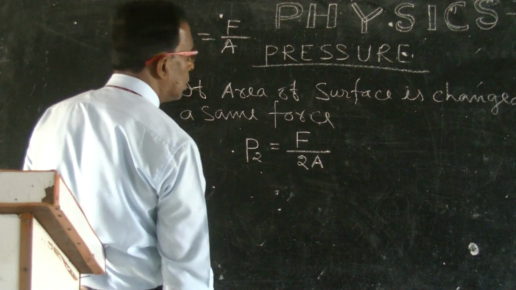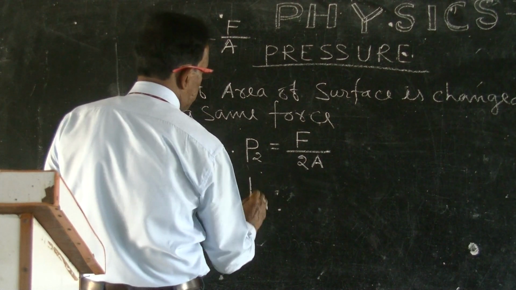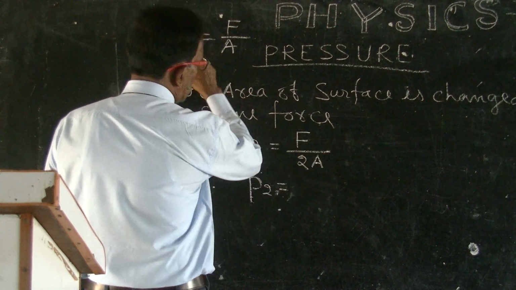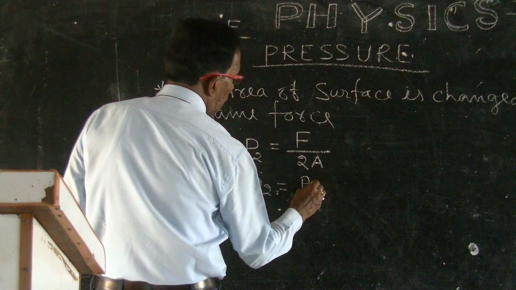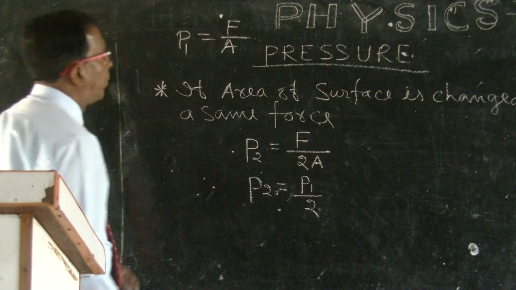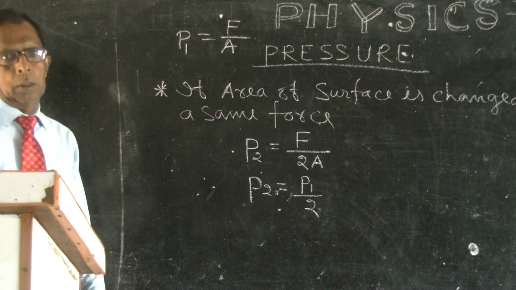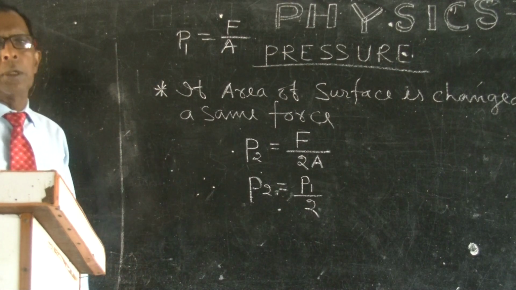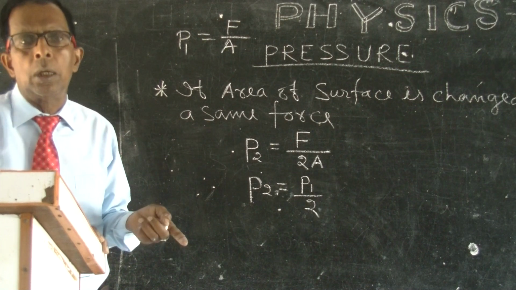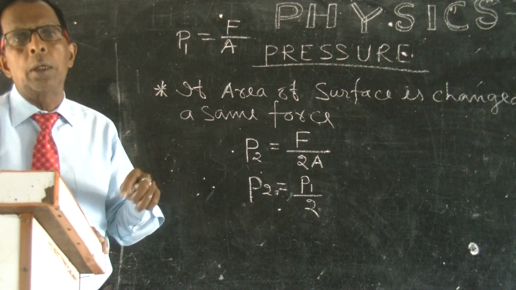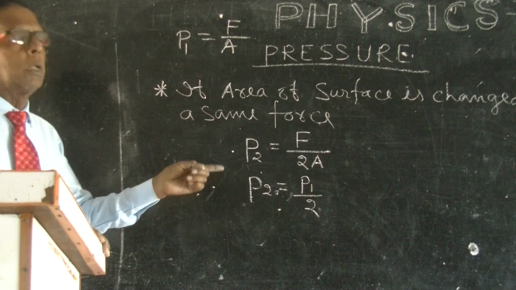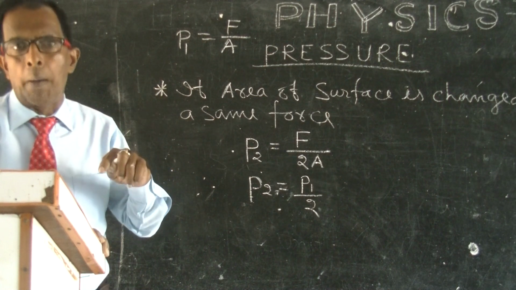It means P2 is F by 2A, which is equal to P1 by 2. That is, the pressure is half of the original pressure. It indicates that if the area is increased, then the pressure is decreased. If area is doubled, then the pressure is half.